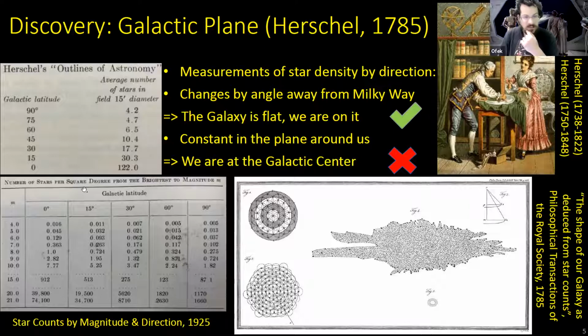On the left here, you can see a similar table, a more modern one from the 20th century, about 150 years after Herschel's discovery, which adds another degree of complication. It sorts the stars not only by galactic latitude, but by magnitude.